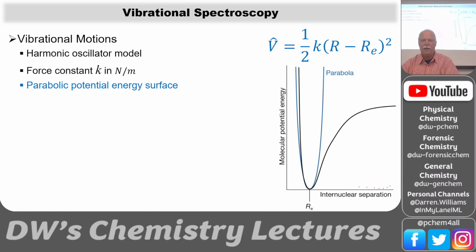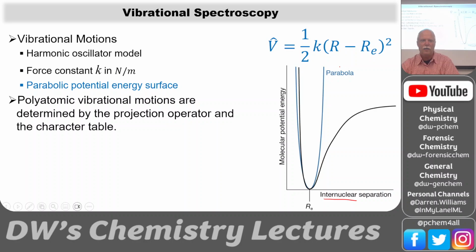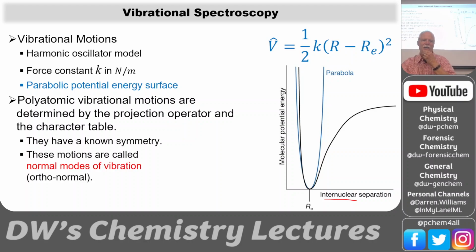We're looking at the internuclear separation and this harmonic oscillator model. The polyatomic vibrational motions are determined by the projection operator in the character table, like we've done fairly recently. They have a known symmetry, and these different 3n-6 vibrations are called normal modes of vibration.